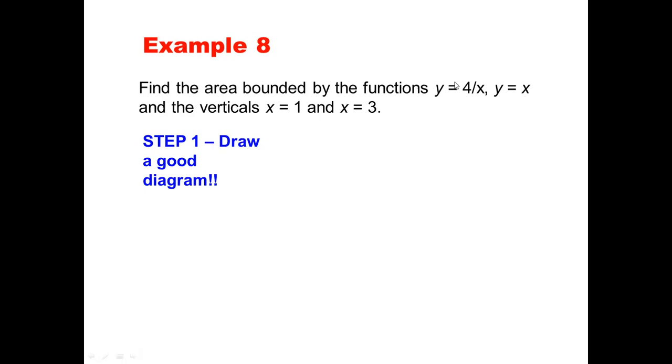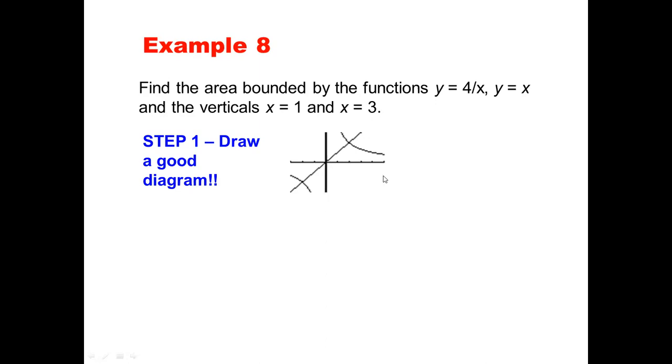So you have to draw this curve, xy equals 4, if you do cross multiplication here, you have to draw the line y equals x, and you have to draw these 2 vertical lines. And that would be this particular illustration. Give me a moment.